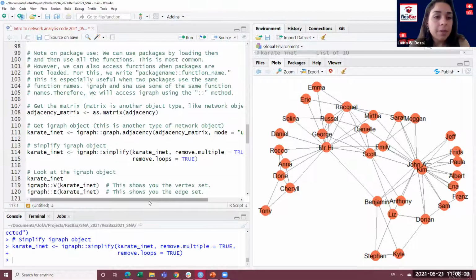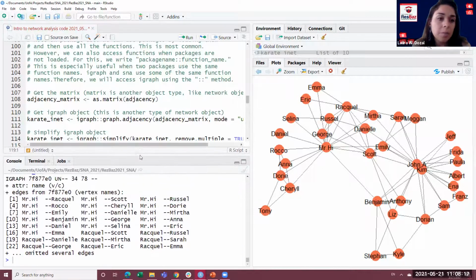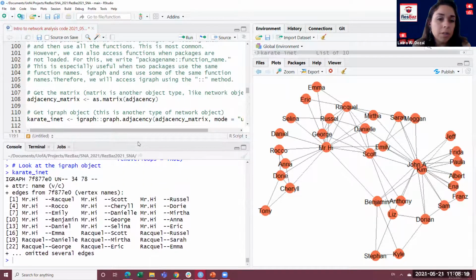So now after we have our simplified iGraph object, we're going to look at it. It usually takes a little more to observe. But here we have our attributes, the names and our types of edges, which here we have our nodes and our edges.